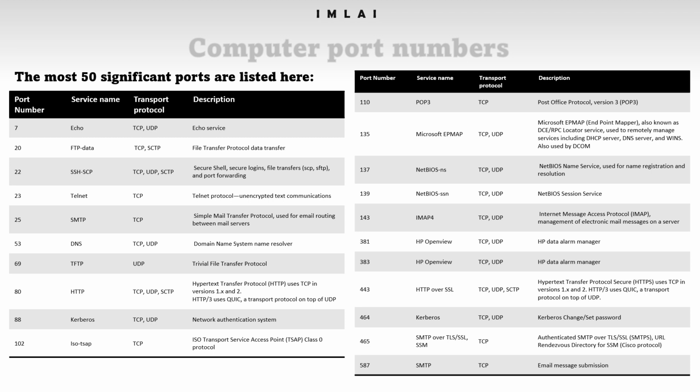Then we have Kerberos, a network authentication system, and this runs at port number 88 with transport protocols TCP and UDP. Then we have ISO TSAP, the ISO Transport Service Access Point Class 0 protocol, which runs at port number 102 with the transport protocol TCP.